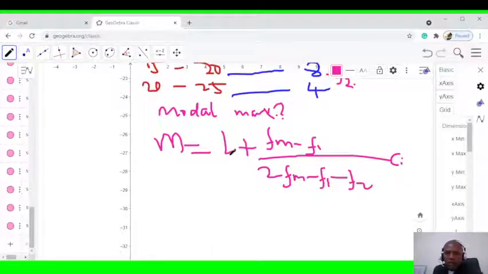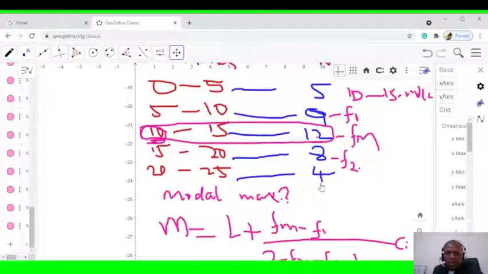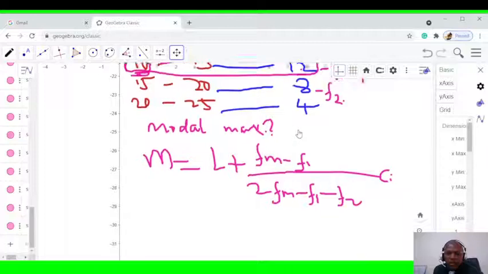Just remember the lower class boundary here is 10, FM is 12, F1 is 9, F2 is 8. So you simply come in and substitute.